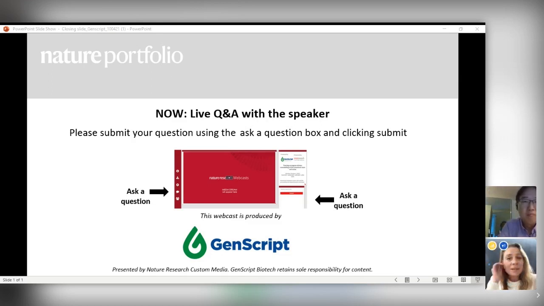The next question asks, why do we need a mosaic system? Can this strategy be used for any other disease modeling? Yeah, I do believe that the mosaic system can be used in many different disease models. To be honest, even I myself was wondering what could be done with the mosaic system when we started working with this tool.